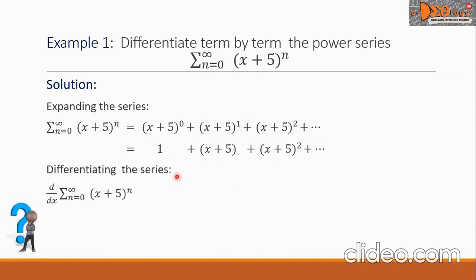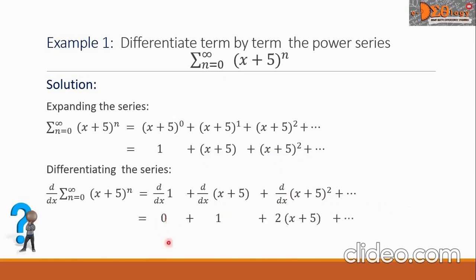Now differentiating the series, we can show that d over dx of this sigma notation is the derivative of 1 plus the derivative of x plus 5 plus the derivative of the square of x plus 5 plus and so on.